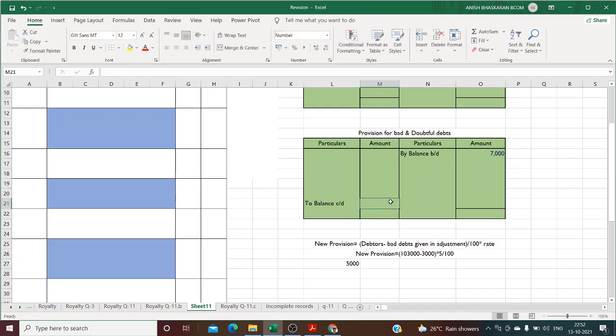So the new provision amount is 5,000. And for creating new provision, we won't write any entries.